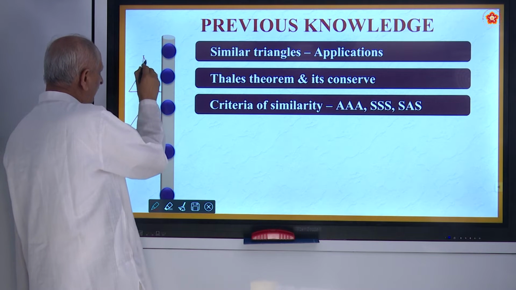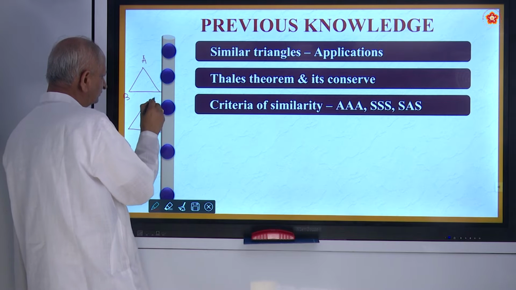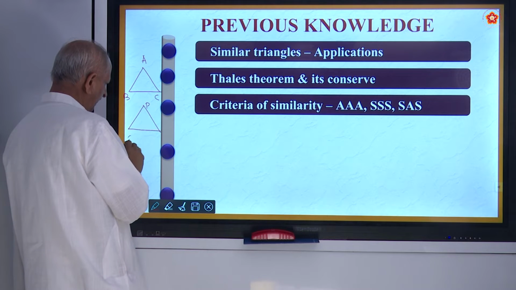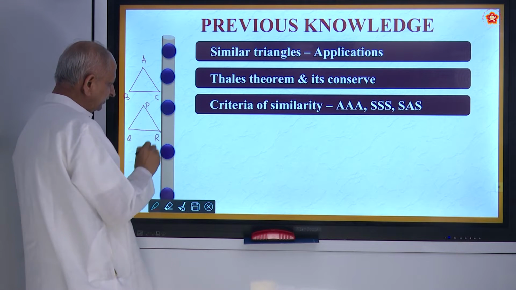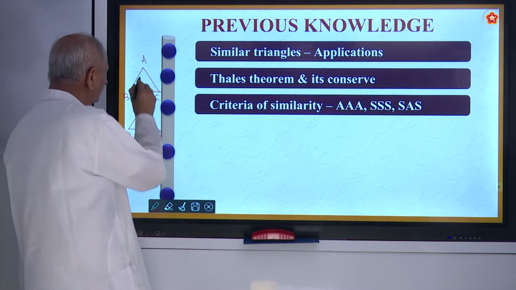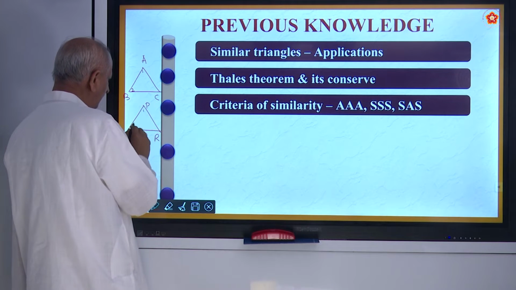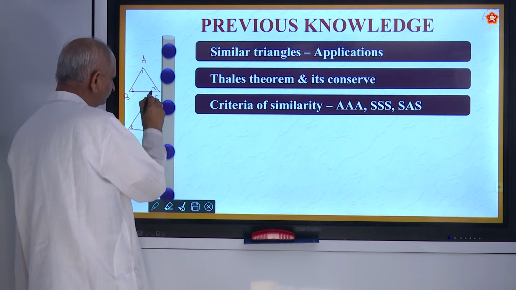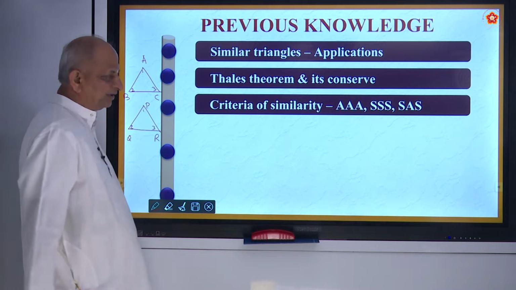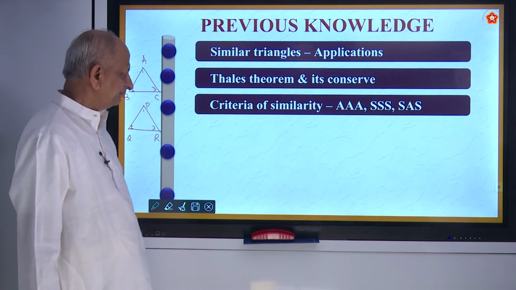That is called angle similarity. We say triangle ABC is similar to PQR if the corresponding angles are equal. That is called AAA similarity.